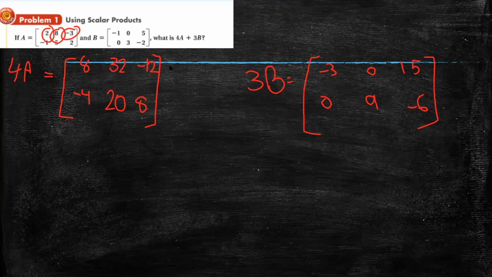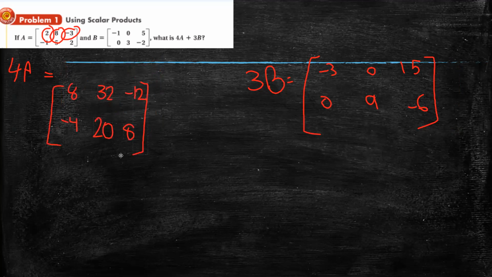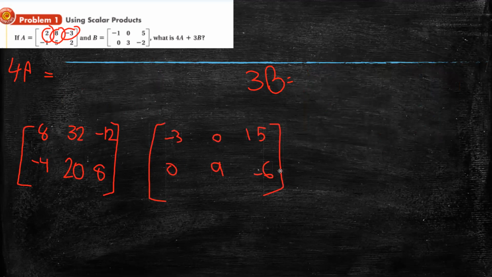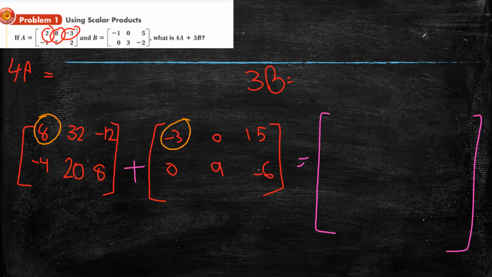Now, they asked me to find 4A plus 3B. So what do you have? Now you have to add this matrix, this one, plus this matrix here. You now have to add them. And our new matrix will be 8 plus negative 3 is 5. 32 plus 0 is 32.